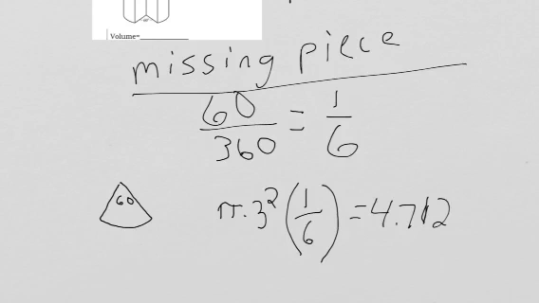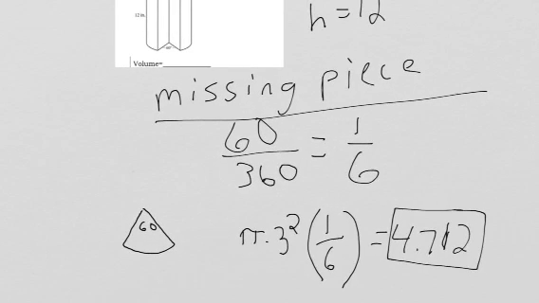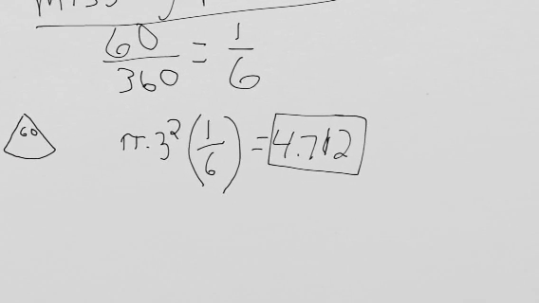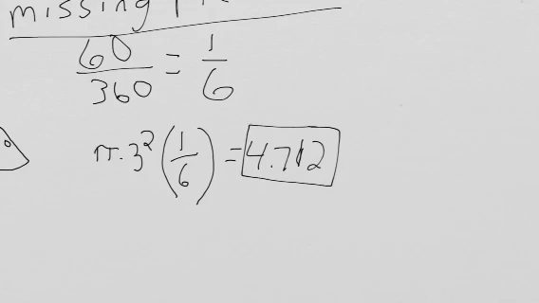Okay, so that's good. That's the area of the base of the missing piece. All right, so that just gives us this area. So now we need to multiply that by the height of the whole cylinder, which is a height of 12 inches.